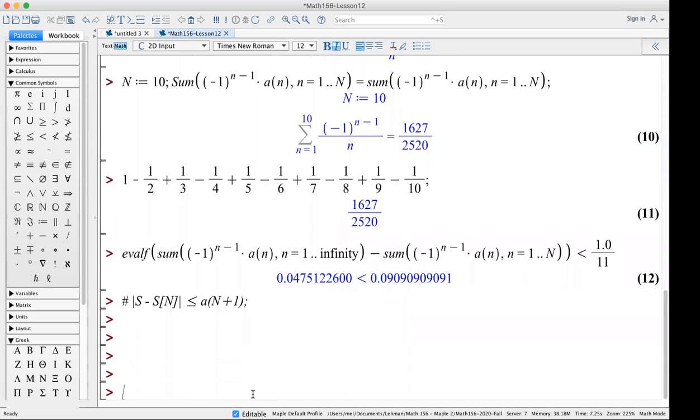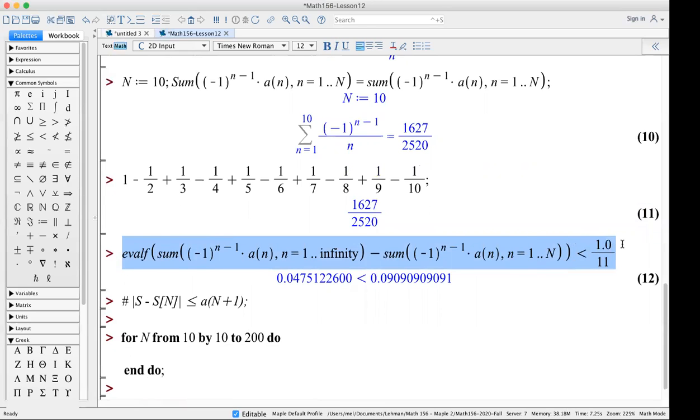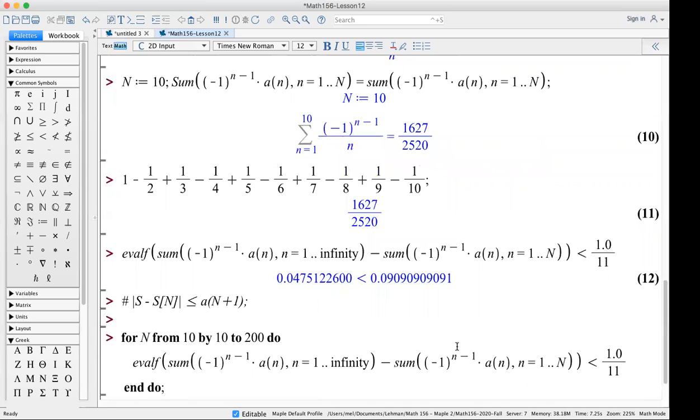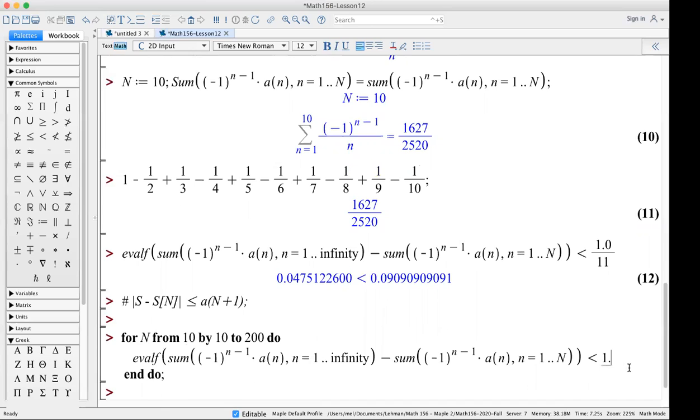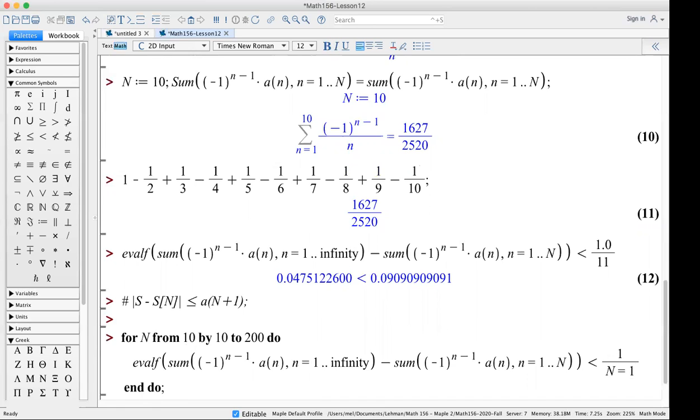So let's do the following. This is interesting. For n from 10 going up by 10 to 200, do: take the infinite series minus this partial sum and compare it to 1 over n plus 1.